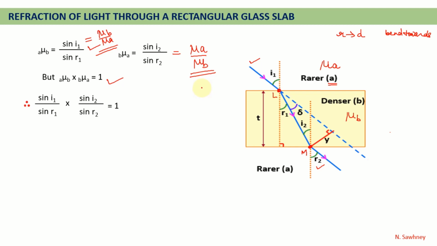So definitely when we multiply the sine terms also, then also we should get 1 like this. Now see in the figure, this is a normal and this is also a normal. That means both the lines are parallel to each other.